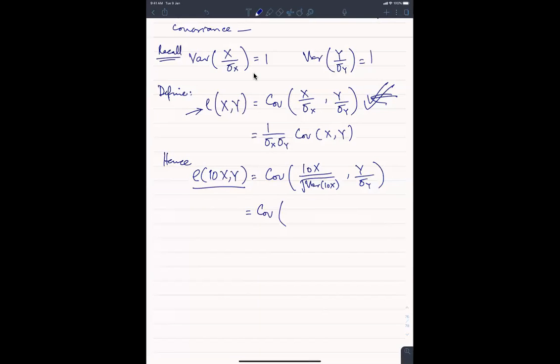What would be the variance of 10x? That would be 10 square variance of x. So you get x over sigma x and y over sigma y. This is the same as the correlation between x and y.